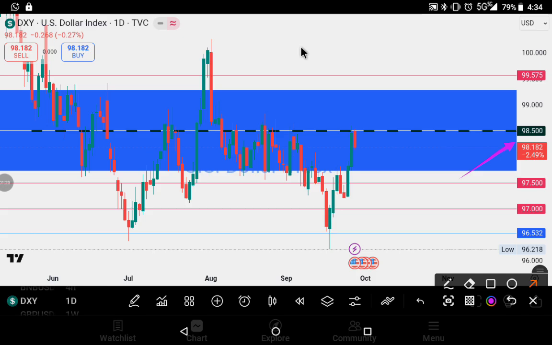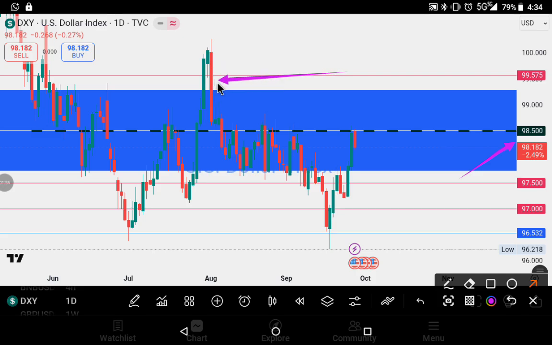So what will I be watching the coming week? Then that makes 97.500 serving as my next support. I'm expecting it to take us above this high here, and possible movement into this imbalance here.